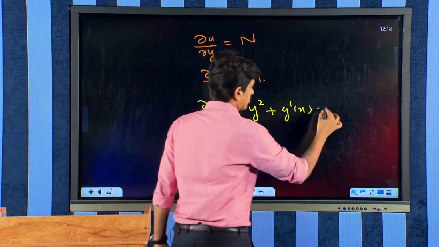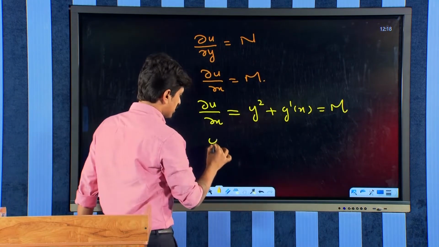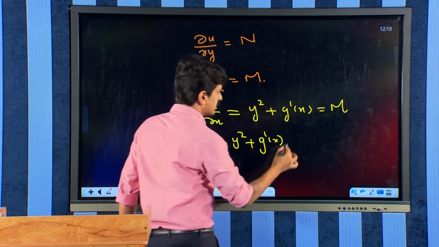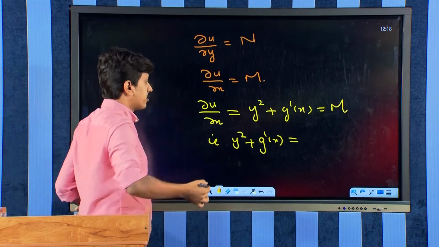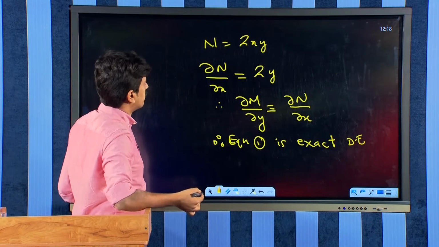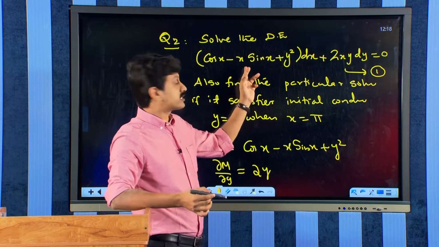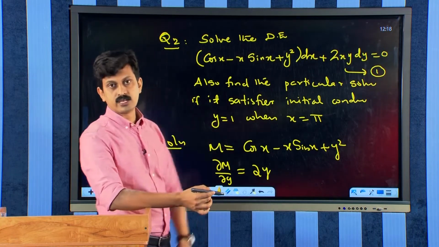This is equal to m, so y² plus g dash of x is equal to the function m, which is cos x minus x sin x plus y².